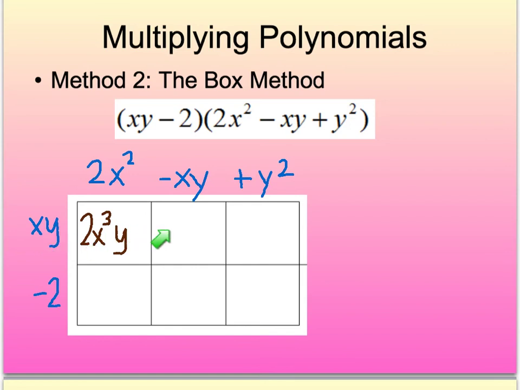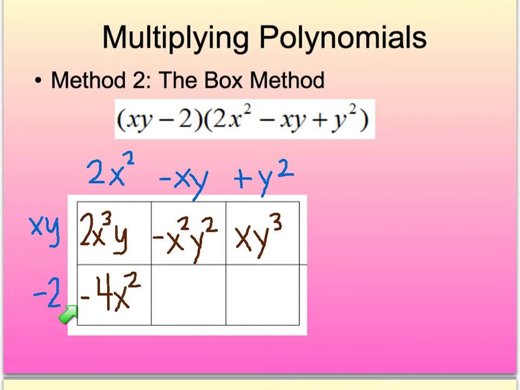Next I have xy times negative xy, and that's negative x squared y squared. And finally on the top row I have negative xy times positive y squared, and that's xy to the third. Moving to the bottom row, negative 2 times positive 2x squared, and that's going to give me negative 4x squared.